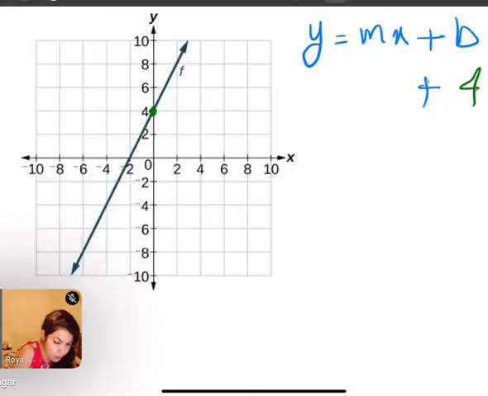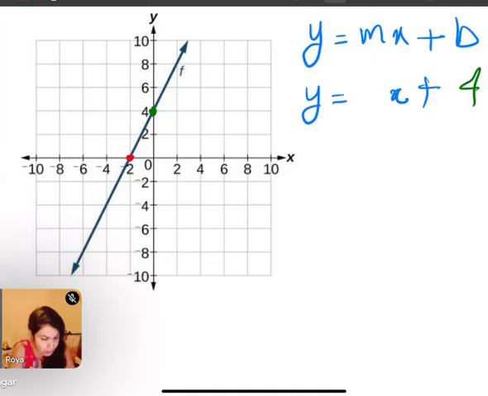Y equal to, what is m? M is rise over run. You can start from any point, but I am starting from a point, ignoring decimals, exactly at an intersection on the graph. In order to go from this point, point A to point B, we need to rise 2 and run 1.